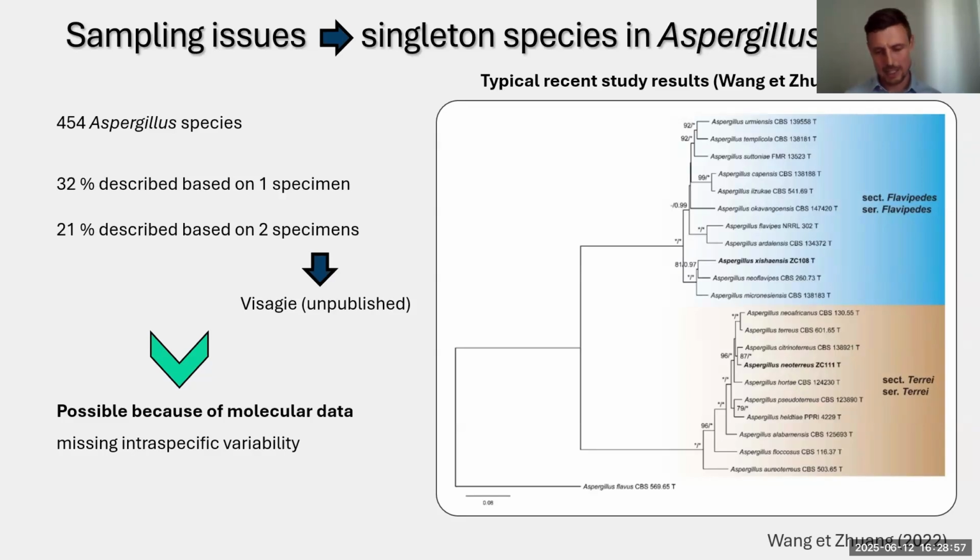So this within-species variability is really missing, and I think this is really widespread in fungi. Also, the fact that these species are still described and accepted is, in my opinion, possible because of the reliance on molecular data and phylogenetic trees.